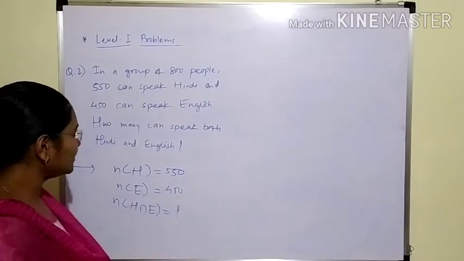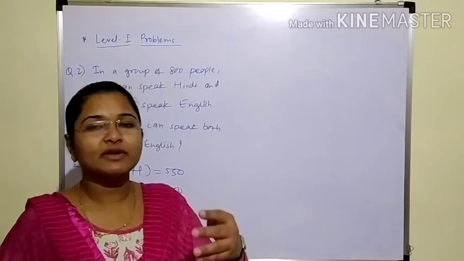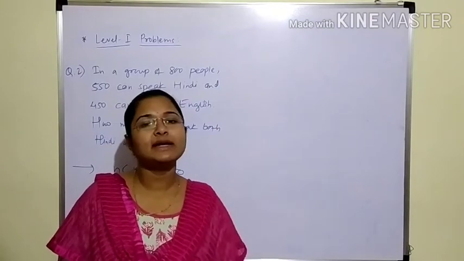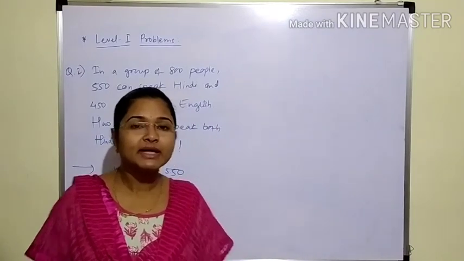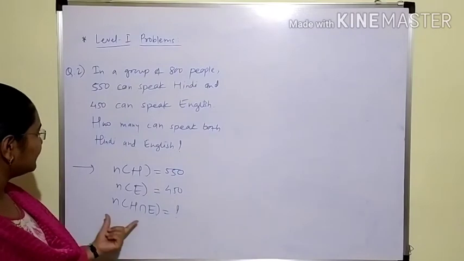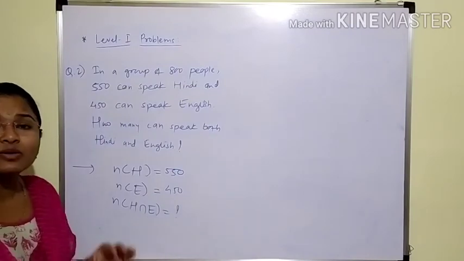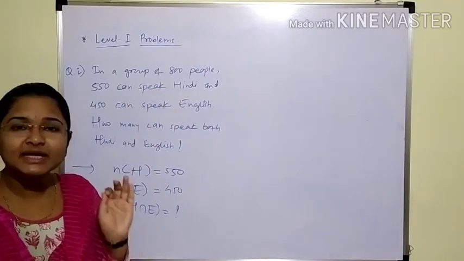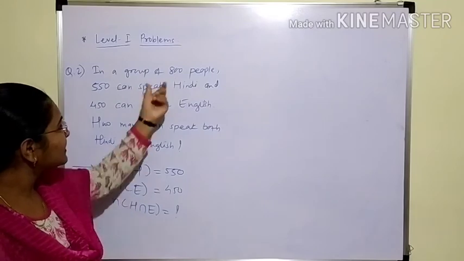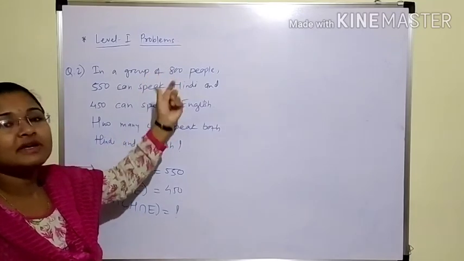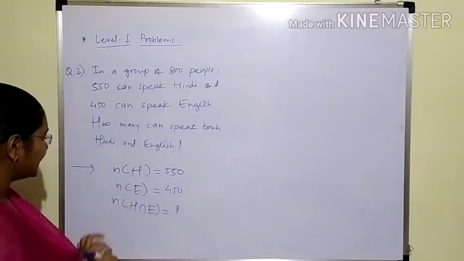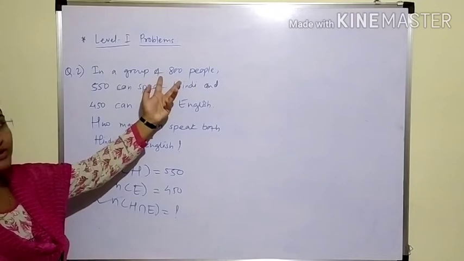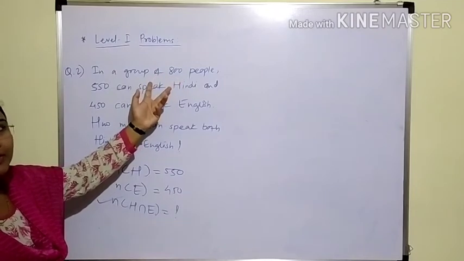Now students, we know the formula for the number of elements in the union of two sets, in which we need to know set A, set B and the intersection, and only then can we find it. But here only two quantities are given, and they have asked for the intersection. So how can the value 800 be the number of elements in the universal set?